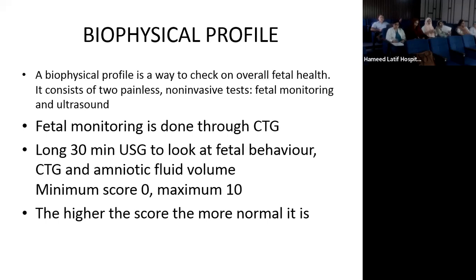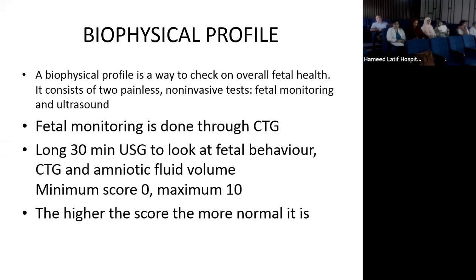You can put a probe there, do your AFI or deepest vertical pool right there, and correlate it with the CTG. If the CTG is reactive and you have about 3 or 4 or 5 centimeters of deepest vertical pool, it will take you 5 minutes and you can send the patient home. Okay?